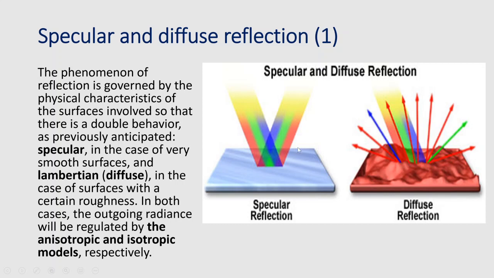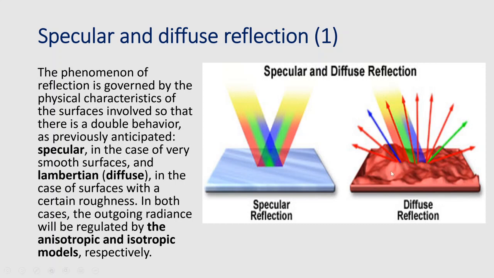With a specular behavior, the energy in the visible is reflected with the same angle as the incident one, considering the normal to the point of reflection. And from the spectral point of view, in this pictorial representation, there are no changes: the same quantity of red, green, and blue is reflected by a specular surface.